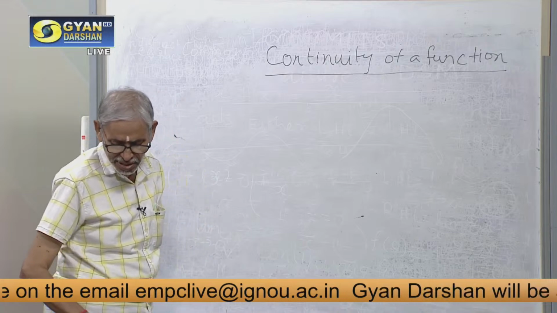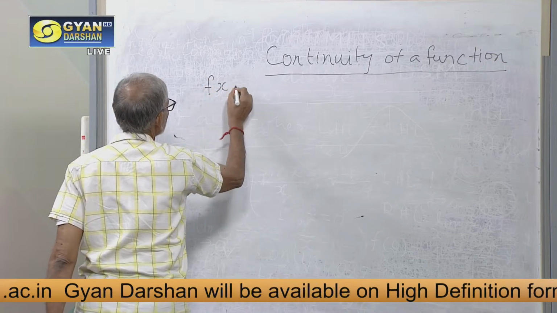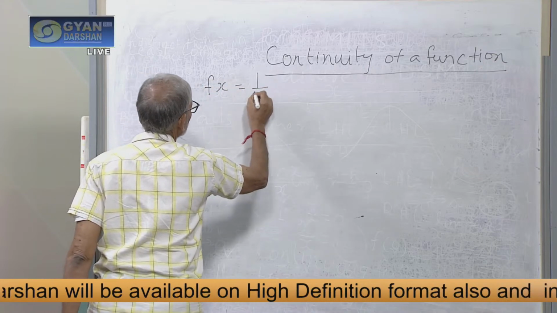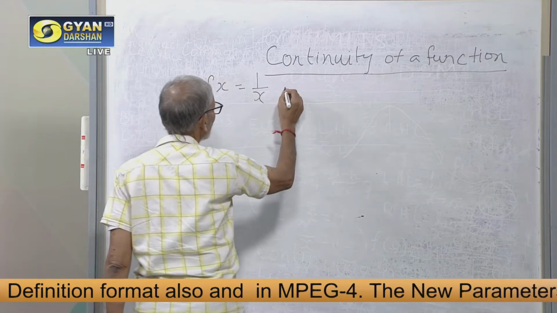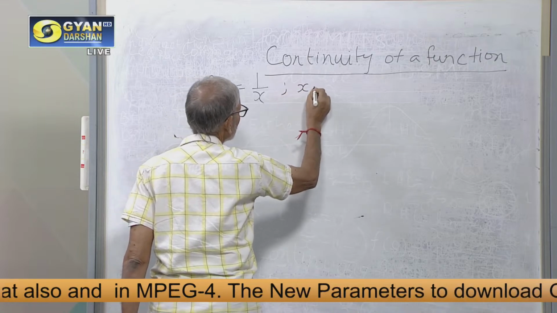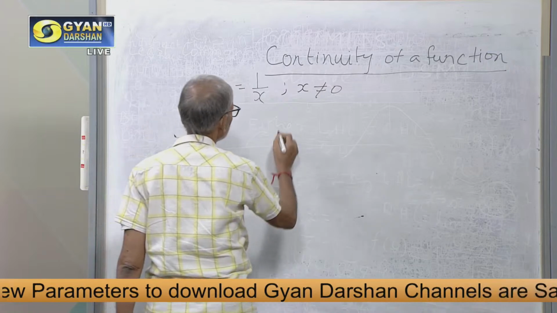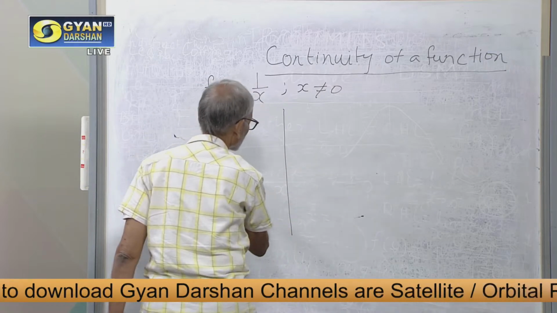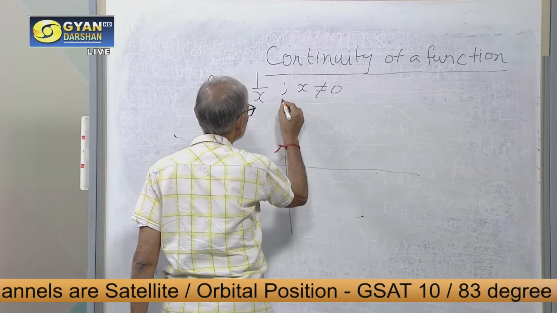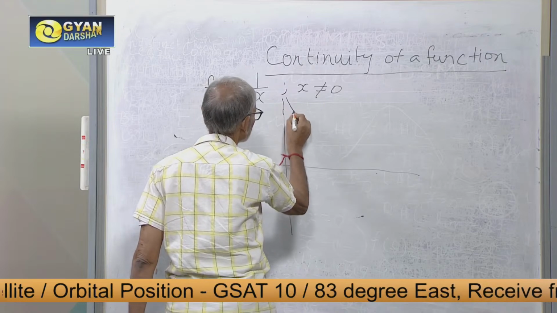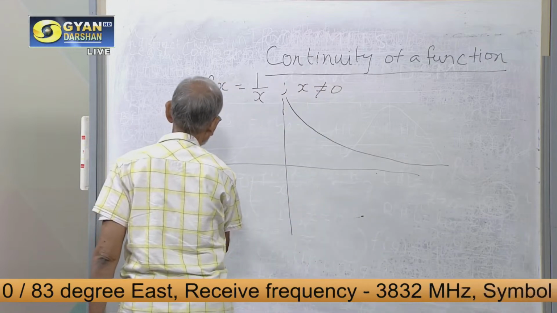Now, let us take another example, f x is equal to 1 by x. So, again it is not defined when x is equal to 0. If you draw its graph, it will be like this.